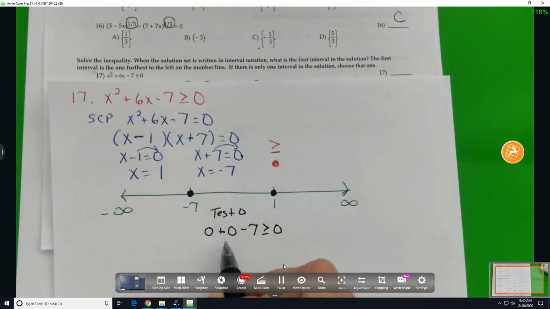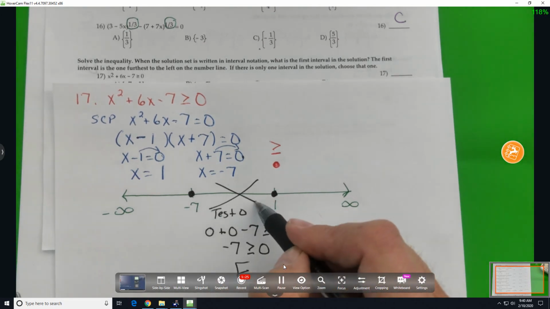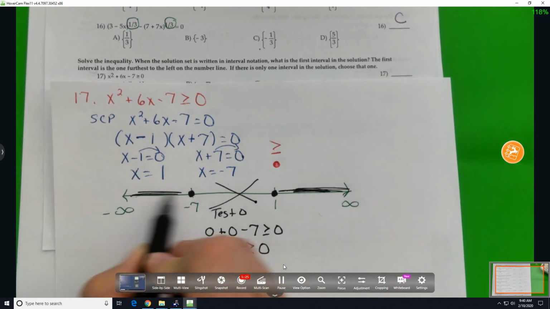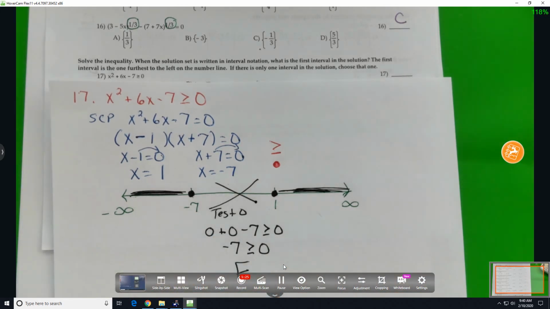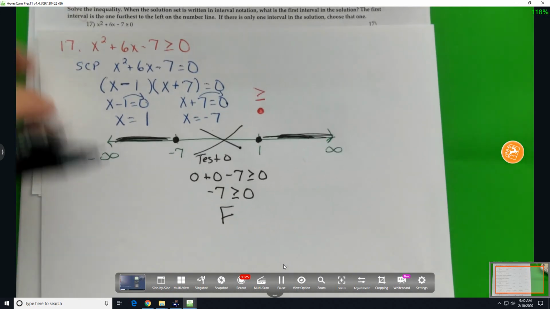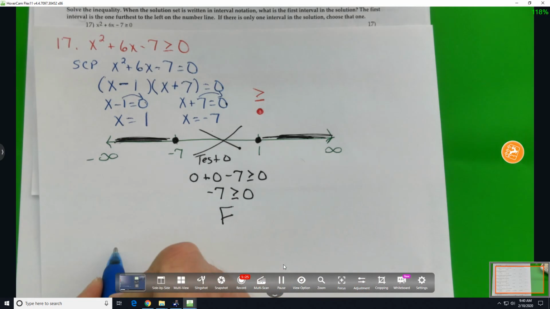So what do we have on the left? A negative 7 is greater than or equal to 0? That's false, so cross it out. The others will show. We alternate. And then on your homework, you typed in the shaded intervals, not the crossed out ones.